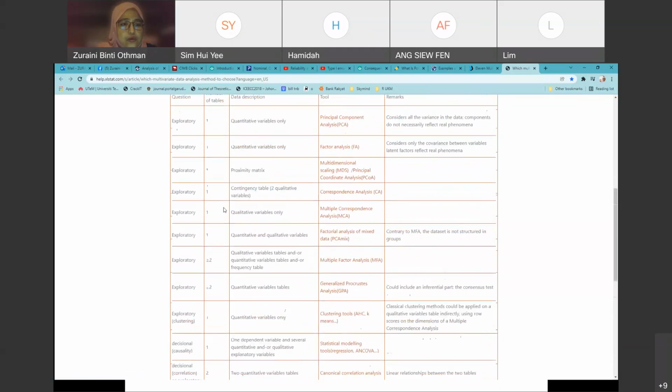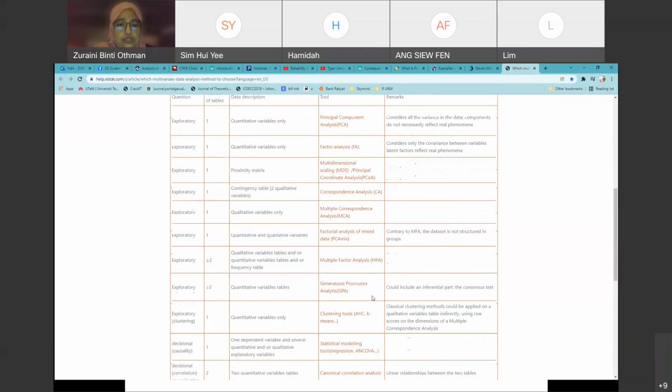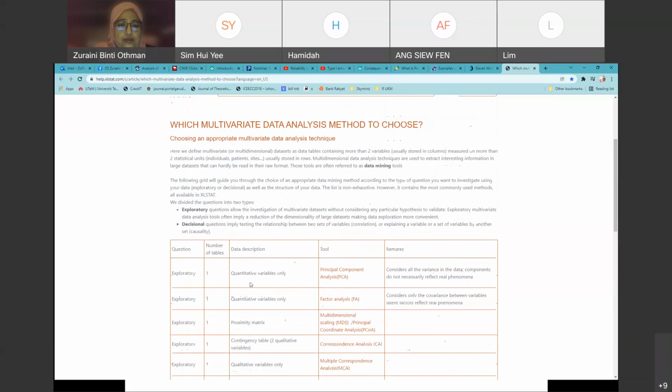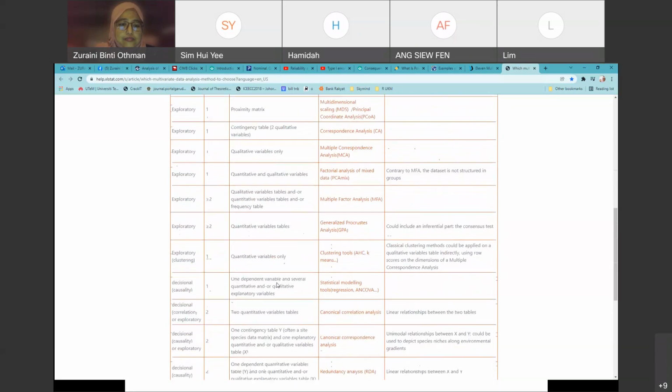Then if our number of tables is greater than or equal to 2 and it is exploratory, and our data description is a qualitative variable table or quantitative variable table or frequency table, we have to use multiple factor analysis. Okay, this is how they tabulate it in this table. They help the researcher to decide.